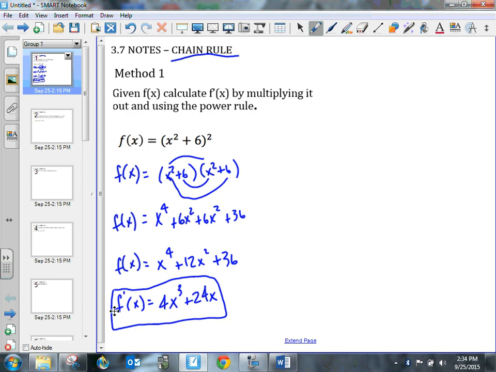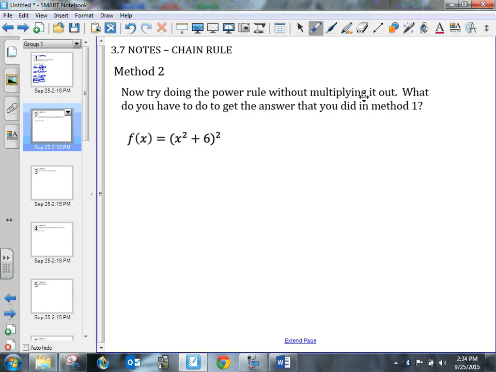And so what I want to do is look at another method. Now remember that we're supposed to get f prime of x to be 4x cubed plus 24x. So what I want to do is try and do the power rule without multiplying this out.